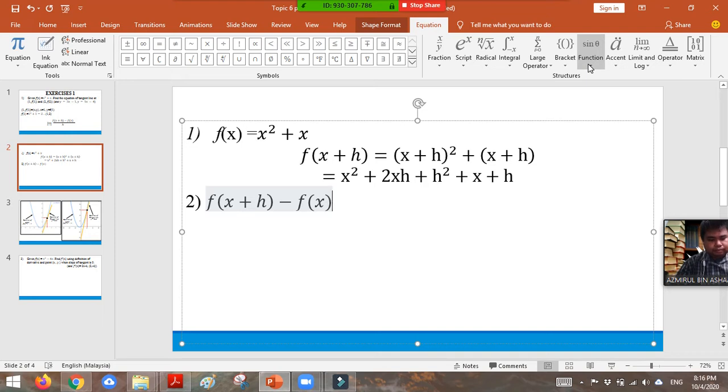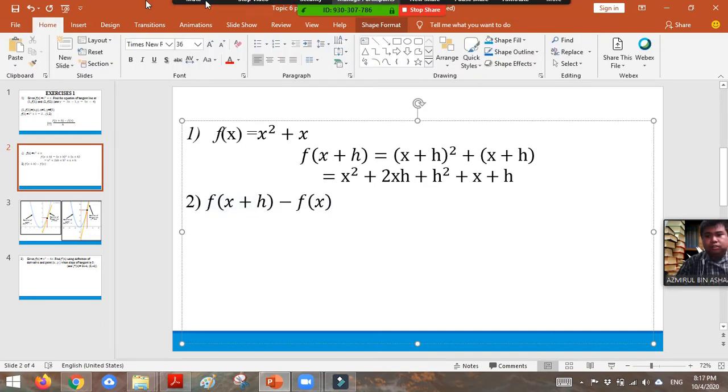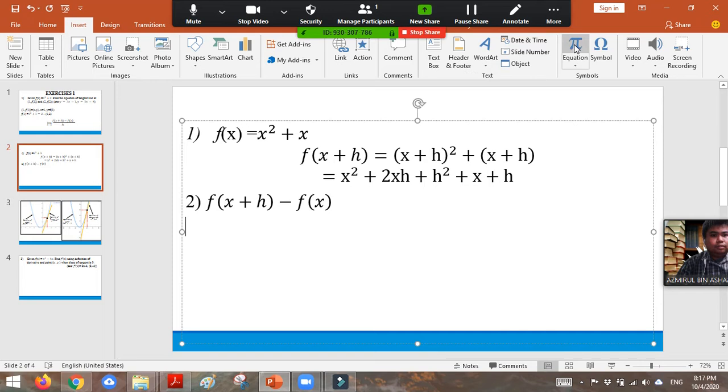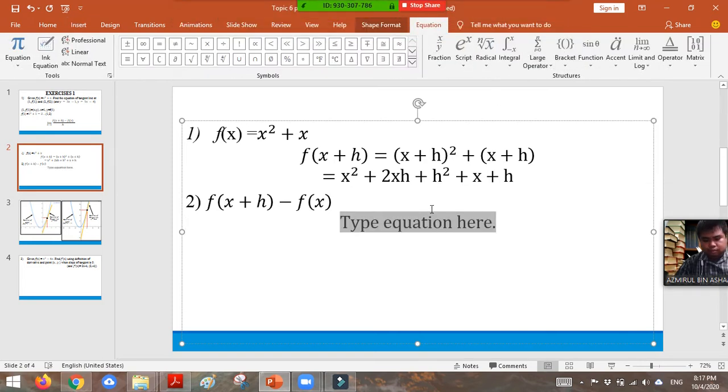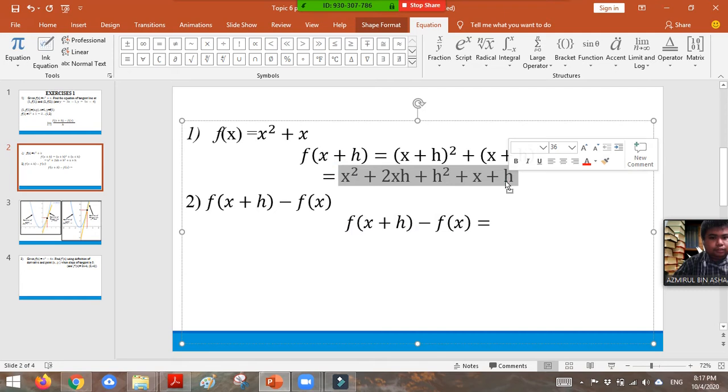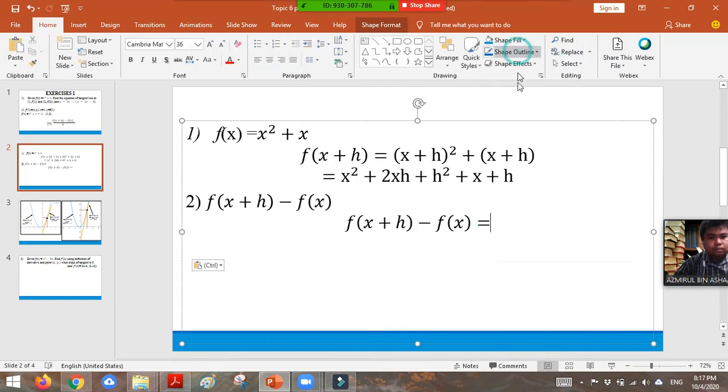So for this case, f(x plus h) minus f(x) is equal to, okay, I copy this one, because you already get that f(x plus h) is this one, so I just copy this one.